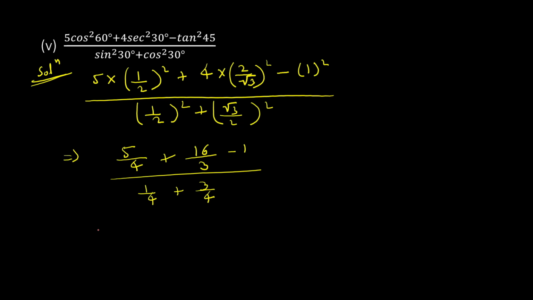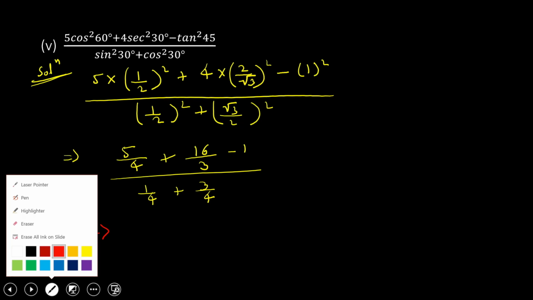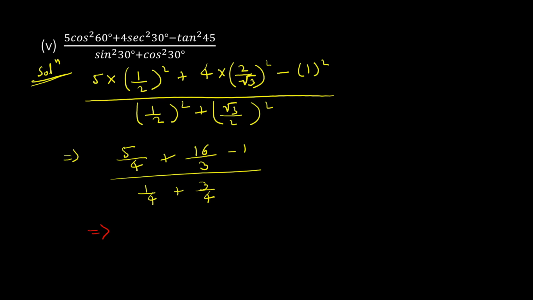Now firstly we will take LCM of these. 4 3 are 12 and 4 3 are 5 3 are 15, plus 16 4 are 64, and minus 12 upon 3 plus 1 equal to 4 upon 4.